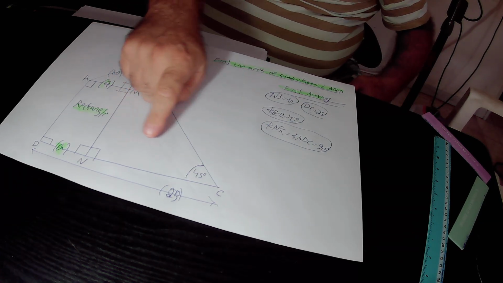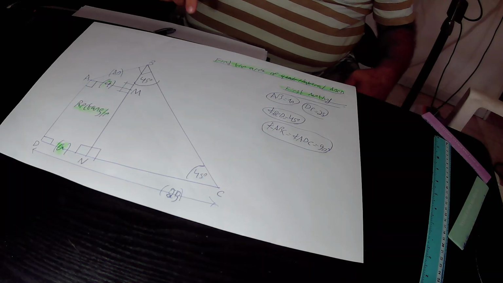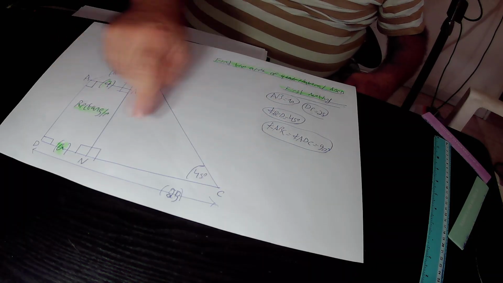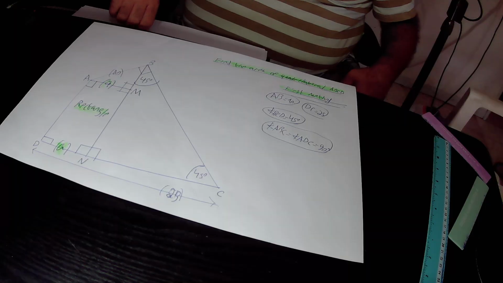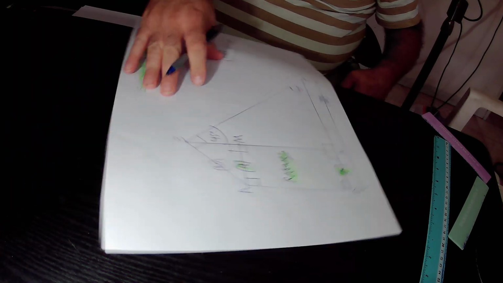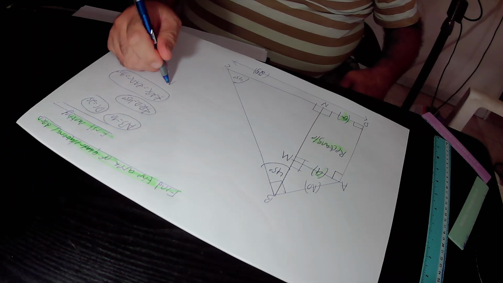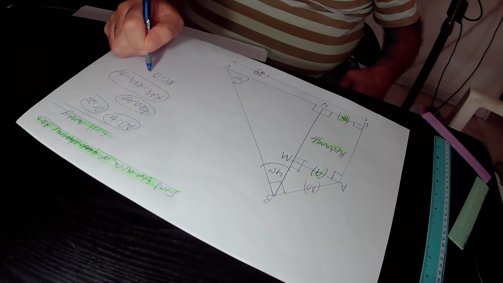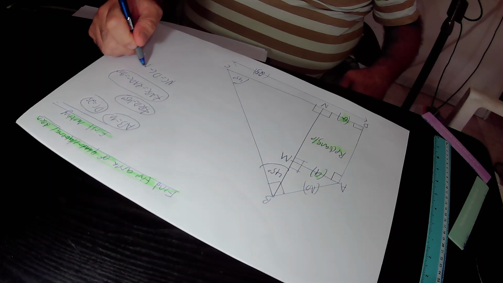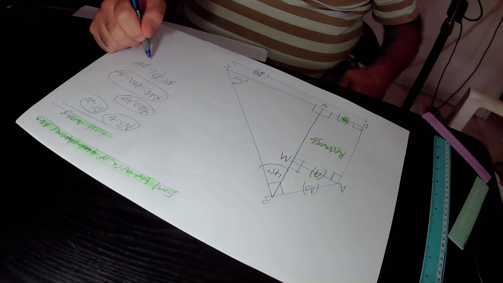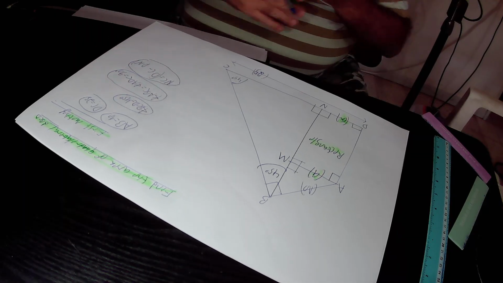What is the length of side NC? NC equals DC minus DN.